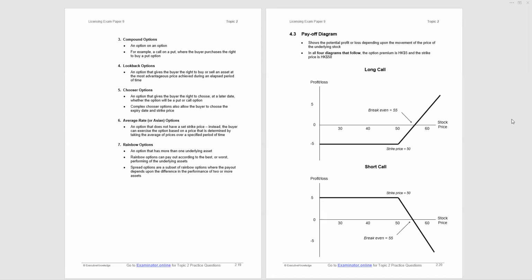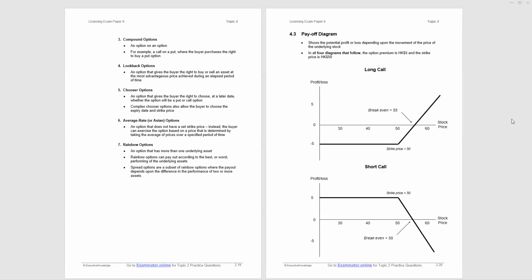As the price increases, then the buyer of the call will exercise and make a profit. And that means the seller, the short call, will make a loss. And that loss will accumulate. And once it gets to 5, that will eliminate the premium that's been received, and so we will break even at 55.